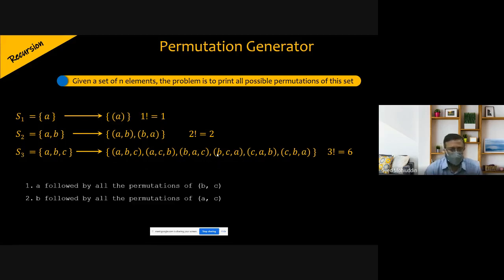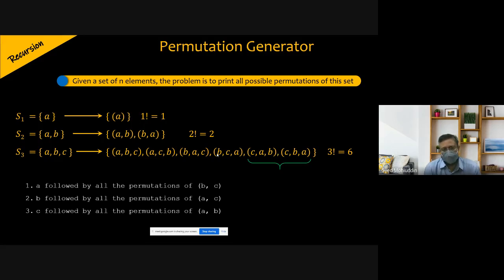In the same way, for the third element, we have C, followed by all permutations of A and B, that is AB and BA. So if you look at this scenario, it is a classical example of permutations.